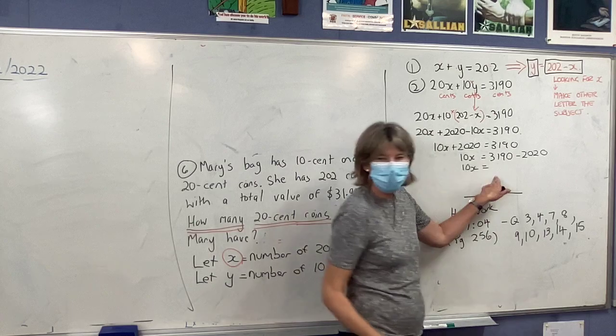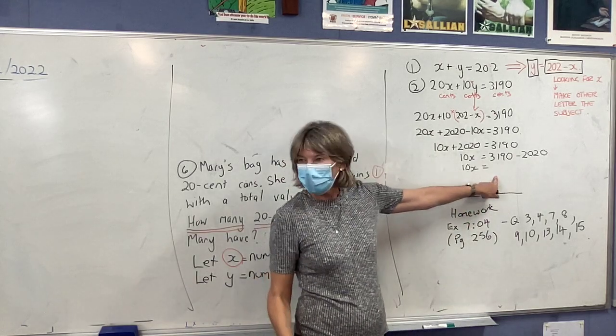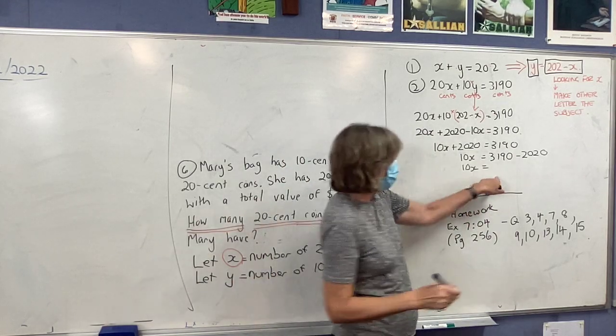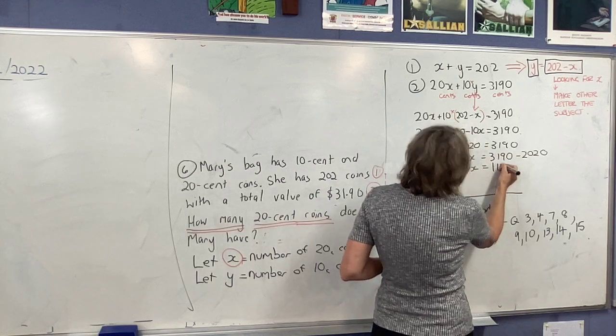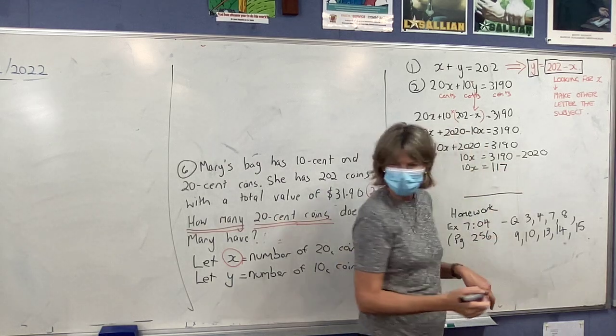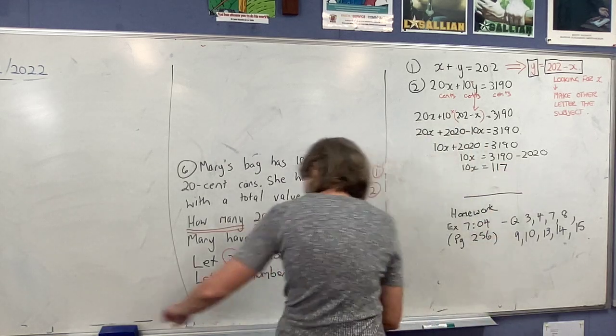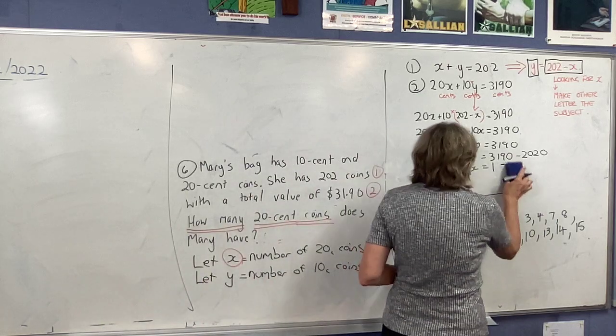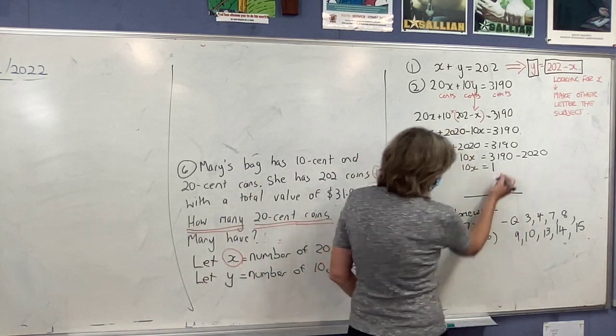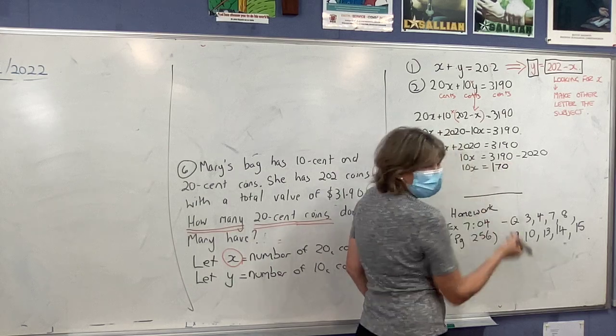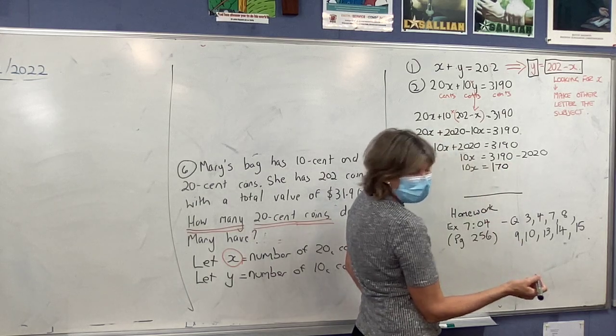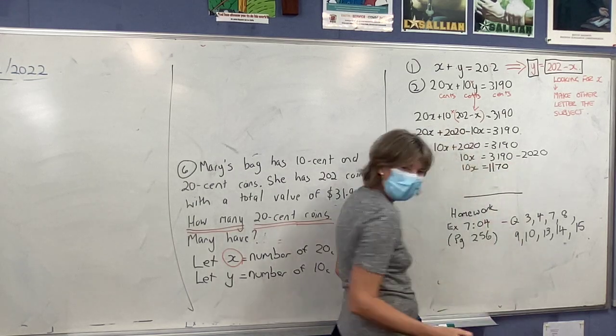Okay, help me out here. What did that equal, boys? Got that one? 170. I was going to say that's not going to work out very good. 170? Is that right? 1170. Is that right?